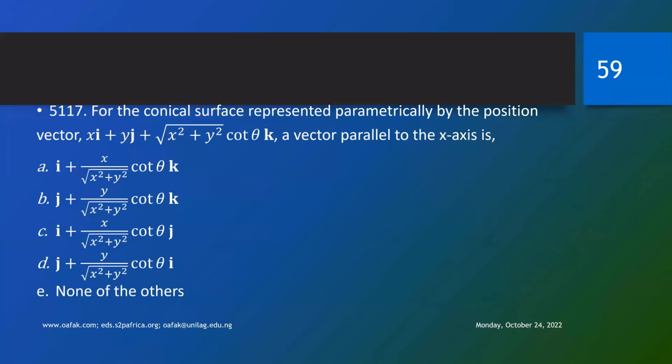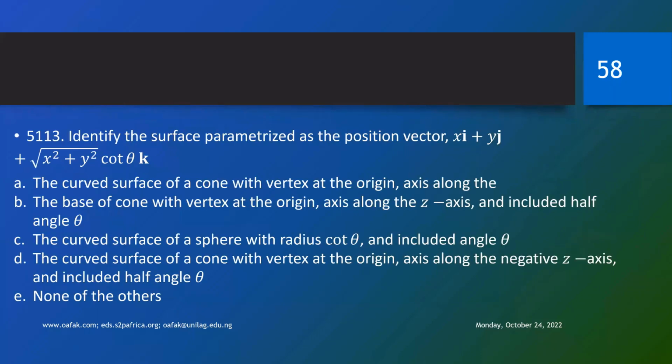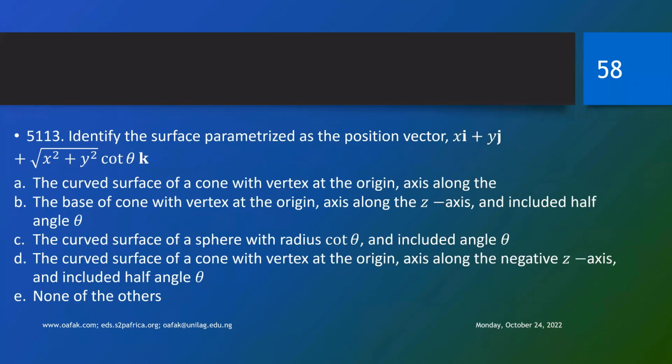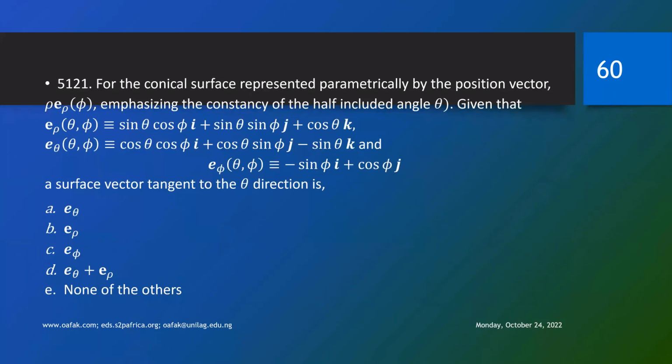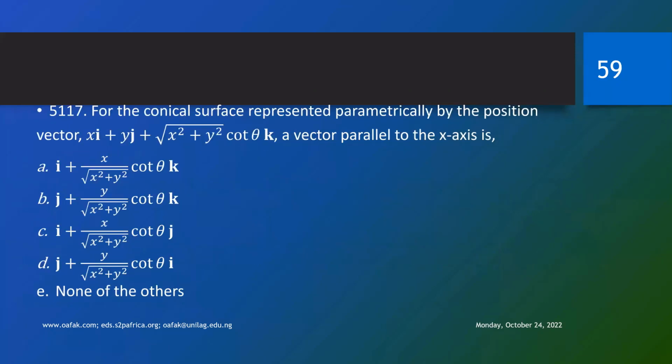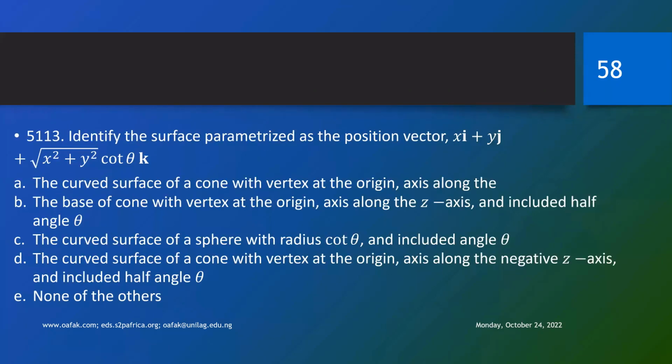But just for you to notice, as I typed it out in your notes today, every correct answer is A. And the question number 5113, I did not complete the sentence, so it should have been: the curved surface of a cone with vertex at the origin, axis along the z-axis, and included half angle theta.